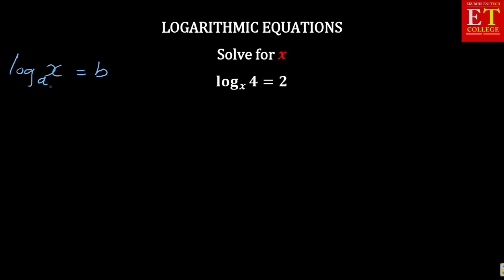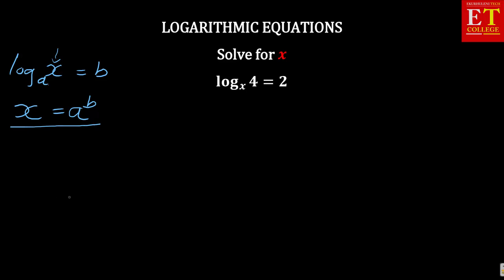You can write this as an expression: x is equal to a to the power of b, where a is the base. If we turn it back into exponents, it's the base a with exponent b. So x is equal to a to the power of b. That's how you can simplify the given equation.